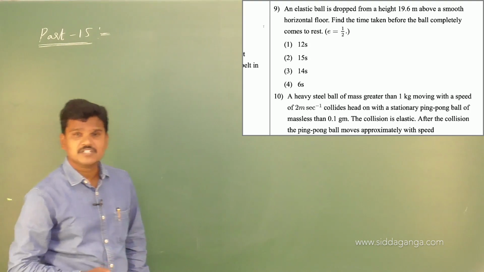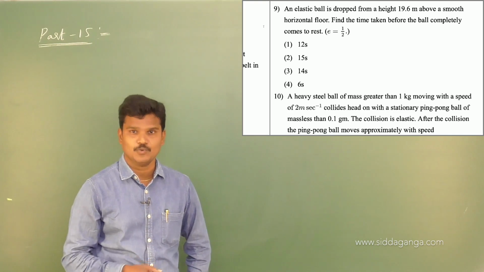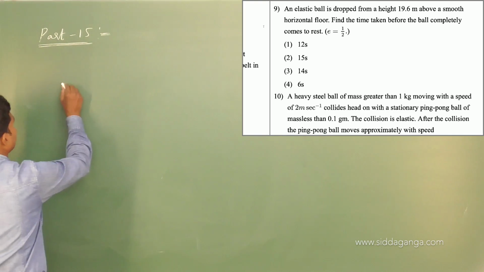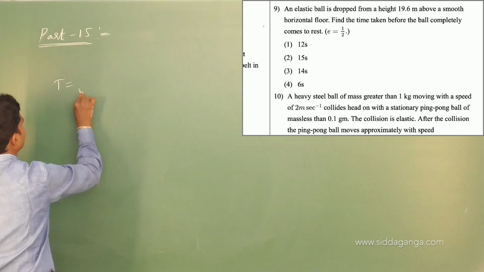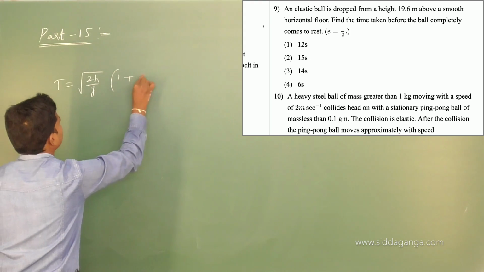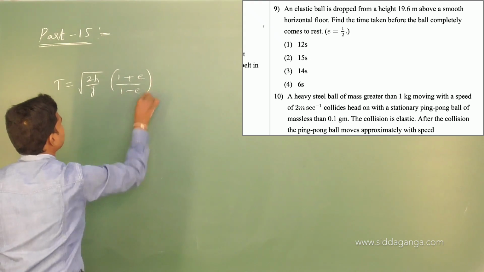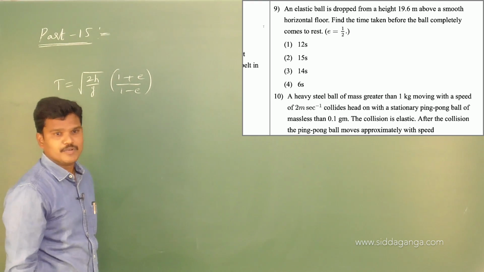And we know one shortcut formula for the time taken by the body before coming to rest on a floor. I hope you remember the formula, and these derivations were also covered in the last concepts. So let me write the formula: t equals root of 2h by g, times (1 plus e) by (1 minus e). The value e is given as 1 by 2.